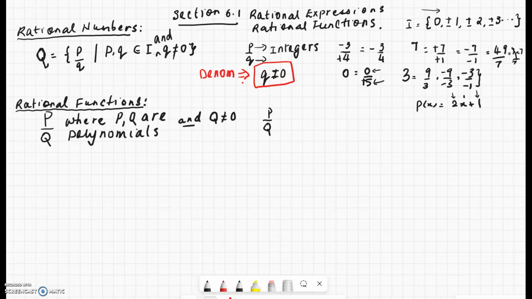It cannot be negative. So for example, if I say k of x equals 3x to the negative 4 plus 1, now that is not a polynomial function. It's some sort of a function, but it's not polynomial. So what's the condition? For polynomials, the exponent has to be a whole number.